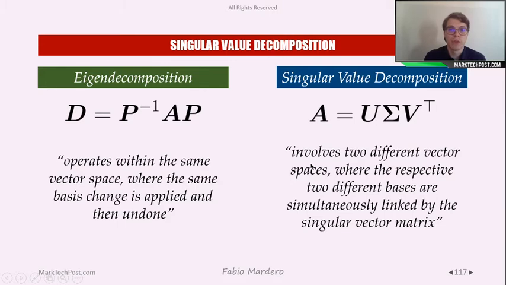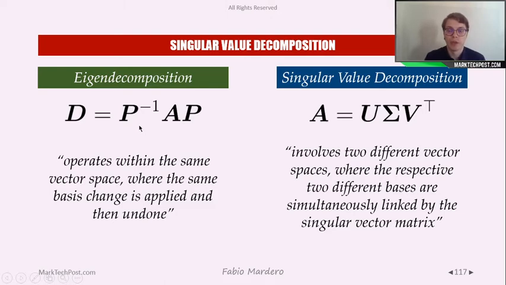The singular value decomposition is very similar to the Eigendecomposition, as you can see in these two formulas. The Eigendecomposition operates within the same vector space, where the same basis change is applied and then undone. That's why we see P and the inverse of P here.